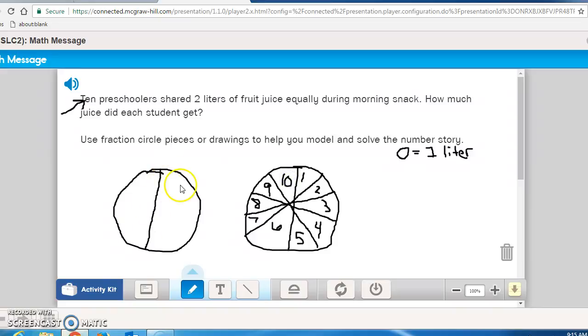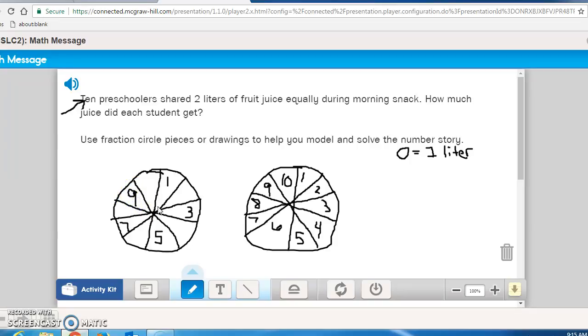Sure would have been a lot easier if I could have cut that into 12. Again, I'm going to try to do it as best I can here. So be patient while I cut this one also into 12. I'm going to put the number 1 here. I'm going to skip and do just the odd numbers on this one.